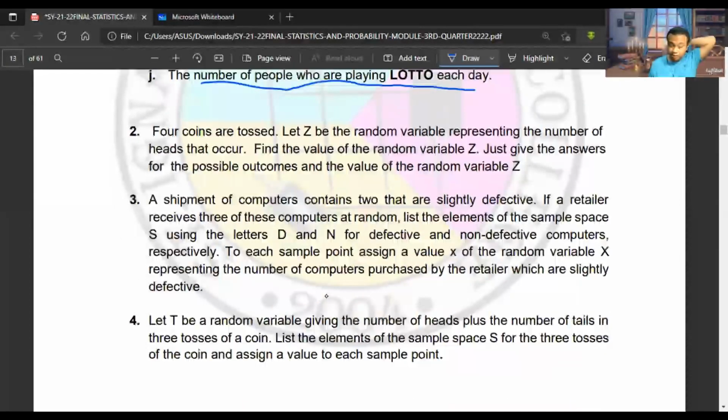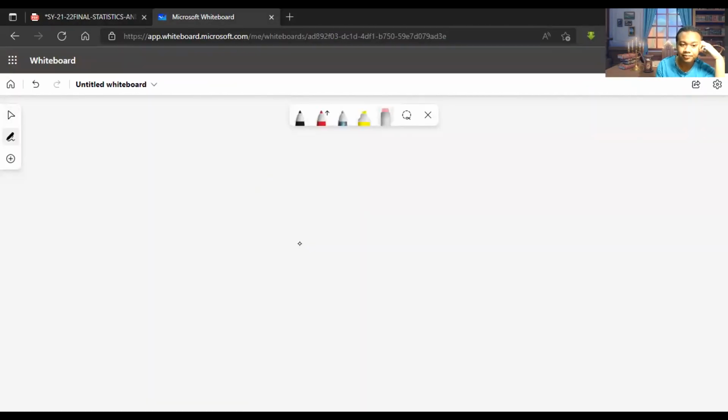Okay? So number 2, 4 coins are tossed, diba? Same rag hapon what we did earlier, just put a table, diba? Put a table and then list the possible outcomes, okay? Pila man kabok ang possible outcomes, diba? So example ang PO.